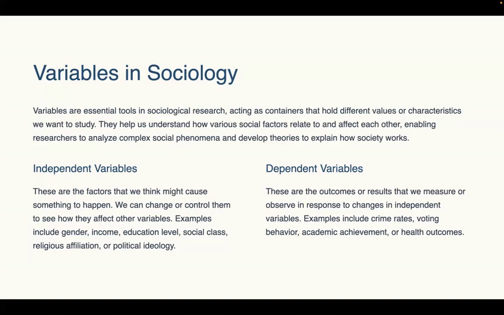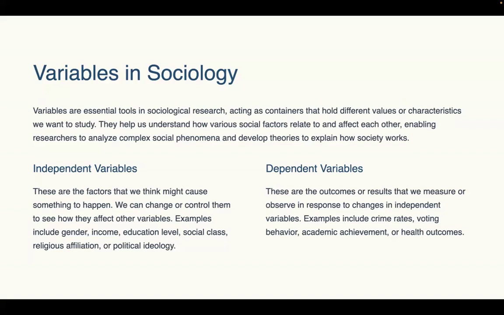The dependent variable can be anything. It can be the caste. So how different education levels are impacting the caste hierarchy, how social class is impacting crime rates, how different income levels impact academic achievement, how different genders impact health outcomes.